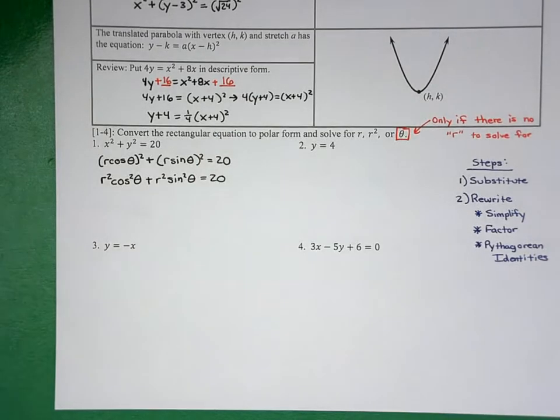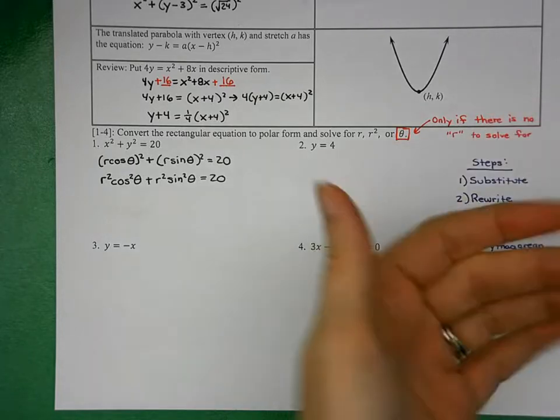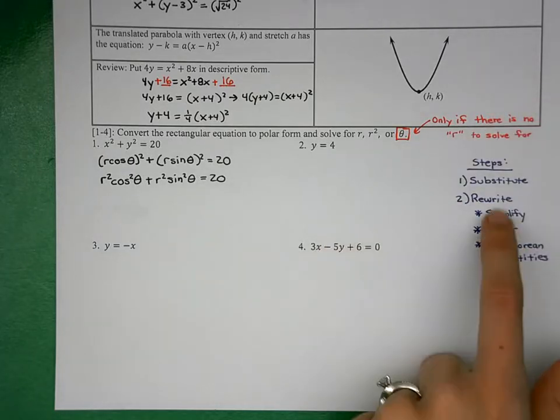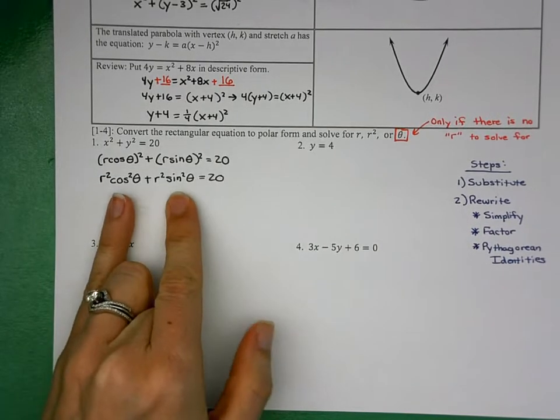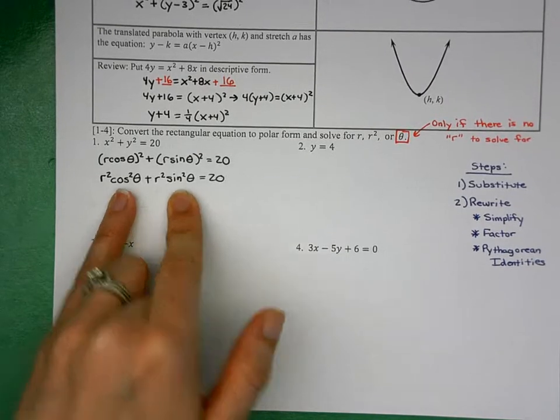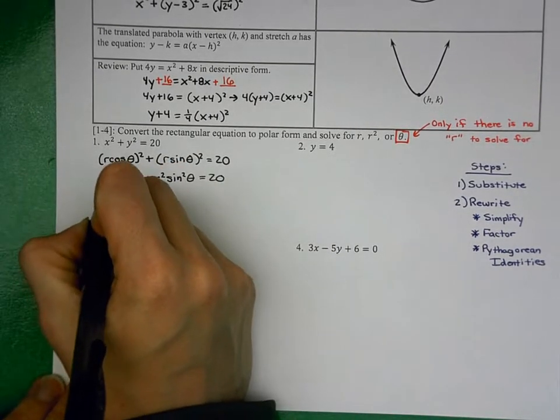Then you pause and look at it again. You're going, okay, what else could I do? Again, consulting our steps over here. Well, I don't see any common terms I can simplify, but factor: I do notice that I have a GCF that I can factor out. Both of these terms have an r squared in common, so I can pull that r squared out.